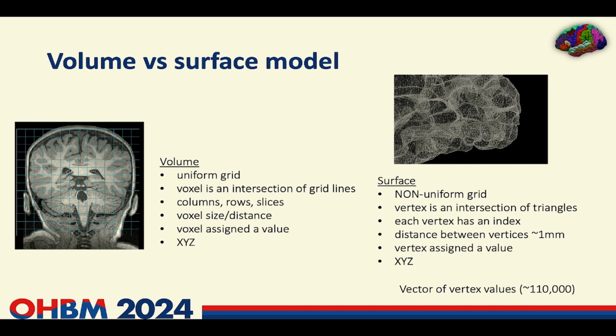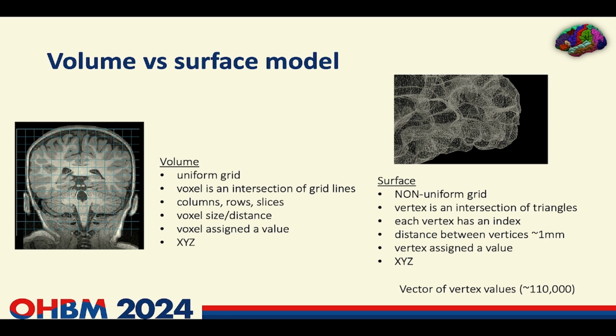You have heard a little bit about volume and surface comparison, so I just have a short list here as well. In case of a volume, you have a uniform grid basically overlaid over your input image. You definitely have a denser grid here; this is just for illustration purposes. A voxel lies at an intersection of these grid lines. So we usually, in the data coordinates, refer to these voxels by the column, row, slice indices, if you want to compare one voxel location to another.